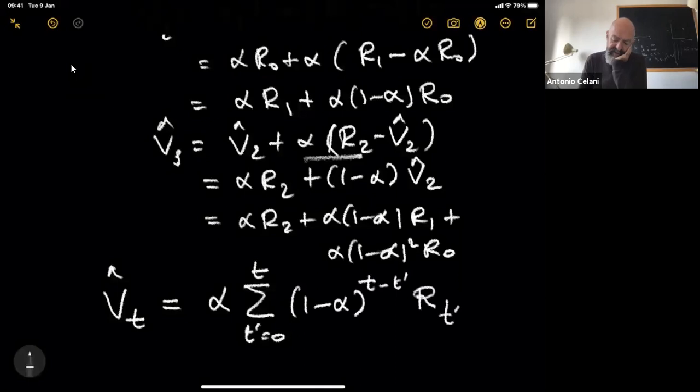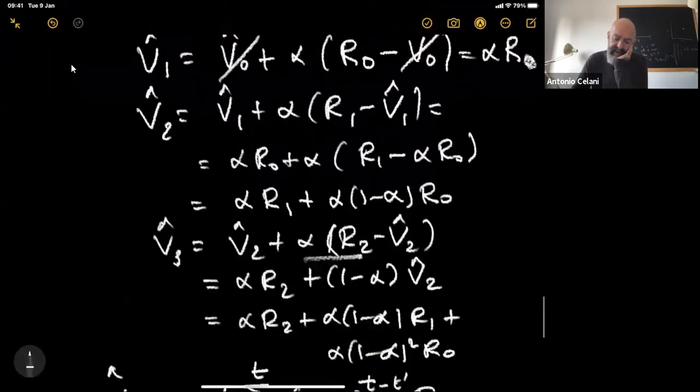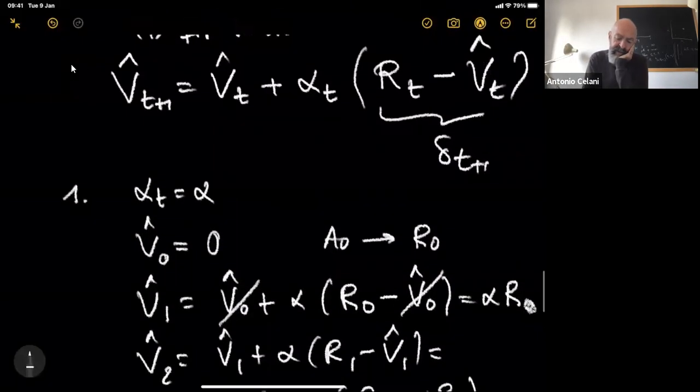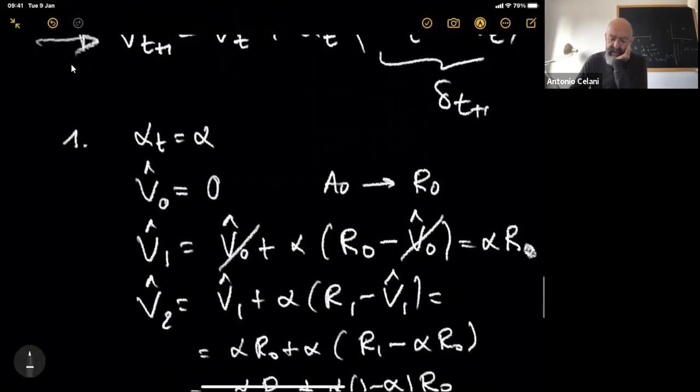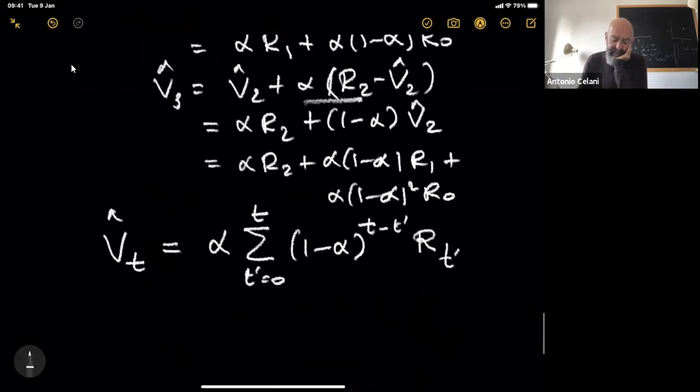Okay, and you can check that this is indeed what is happening, or you can take this expression and plug it back into the recursion here, into this definition of temporal difference, and check that everything adds up properly. Okay.